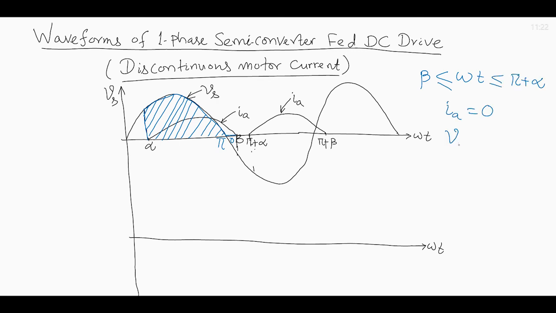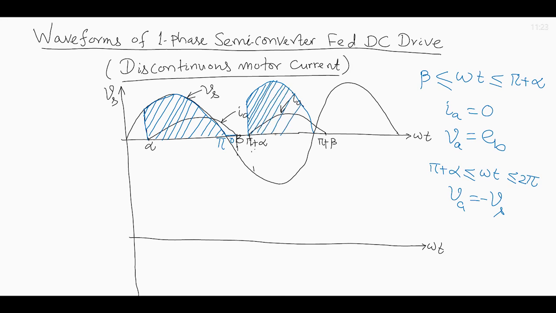So, motor voltage V A is the same as the back EMF by Kirchhoff's circuit law. And from pi plus alpha to 2 pi, conduction is there. So, V A equals minus V S, the negative of the supply voltage. Again from 2 pi to pi plus beta, freewheeling time. So, voltage is 0 and the cycle repeats.